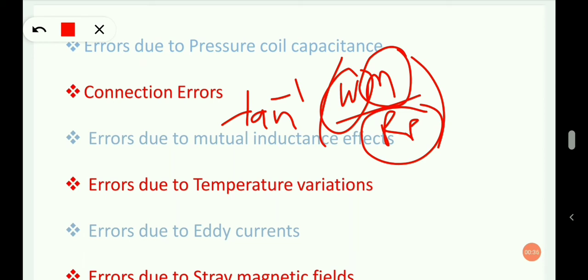However, these errors can be compensated by using specialized instruments designed with coils so arranged such that the mutual inductance between them is always zero.